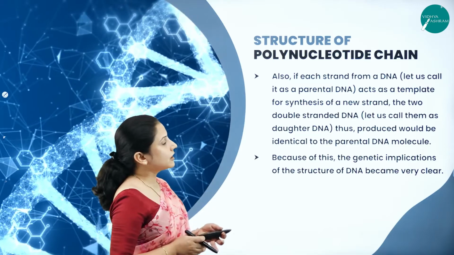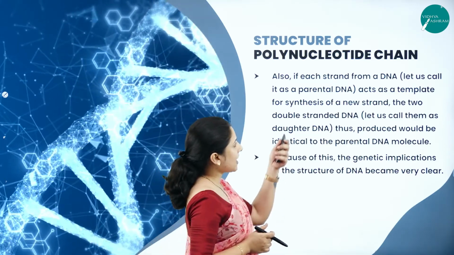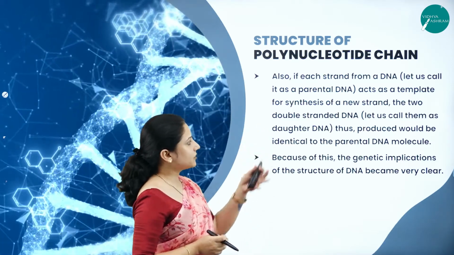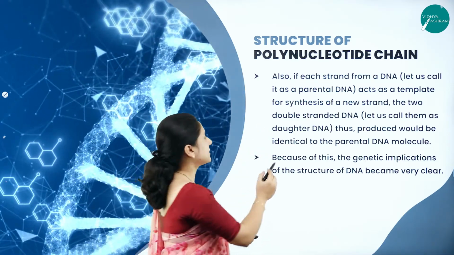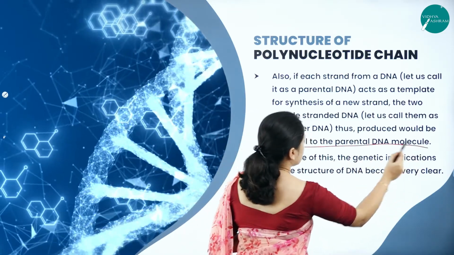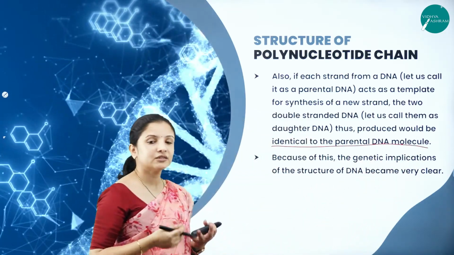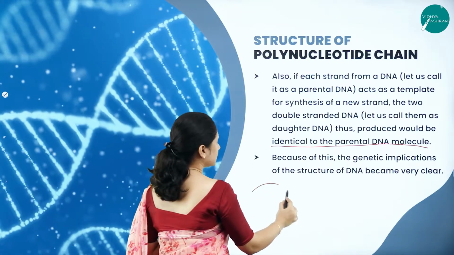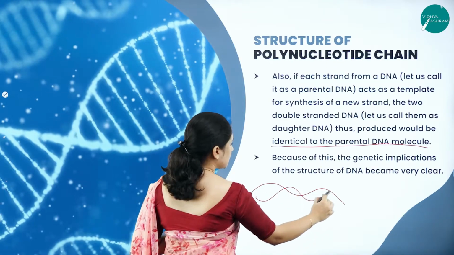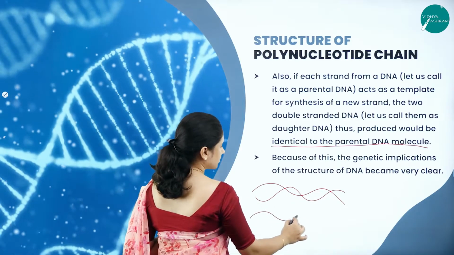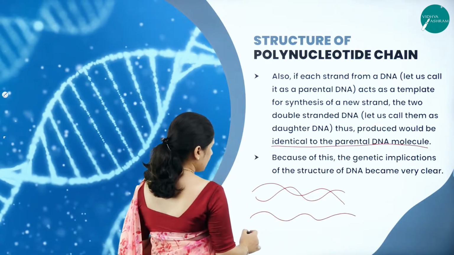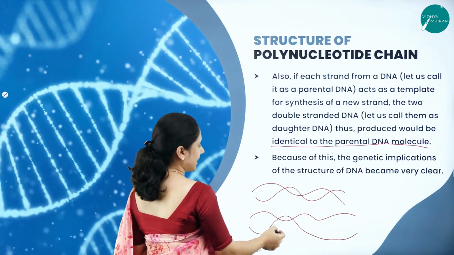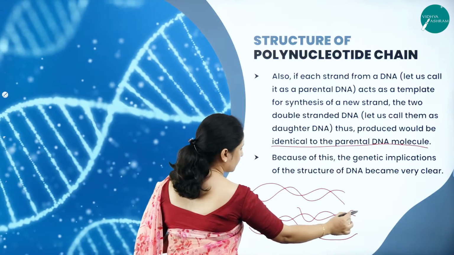Also, if each strand of a DNA acts as a template for the synthesis of a new strand, the two double strands thus produced would be identical to the parent DNA. So it's also true. Why? Again, because of base pairing. Say for example, there is this strand of DNA. Now these strands will undergo a process called replication, wherein they will get separated, and for these parental strands, new daughter strands will form like this.